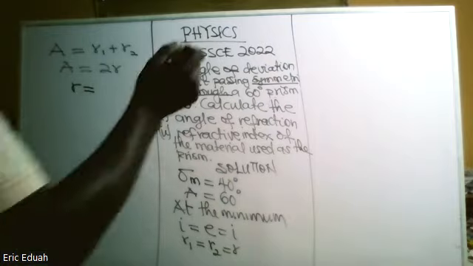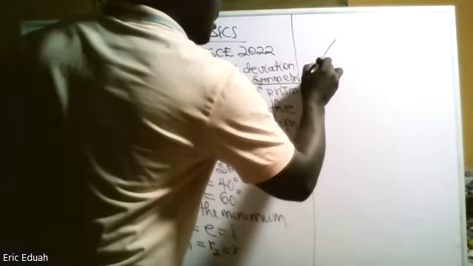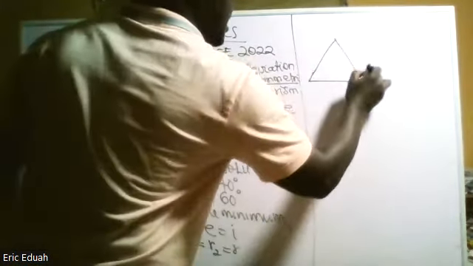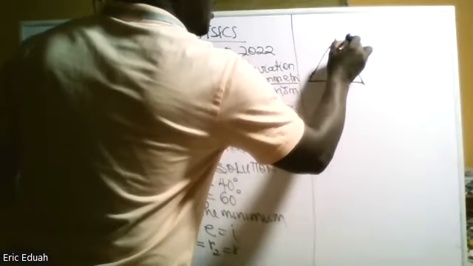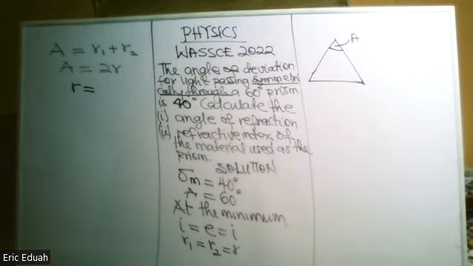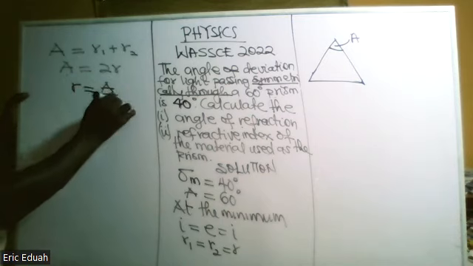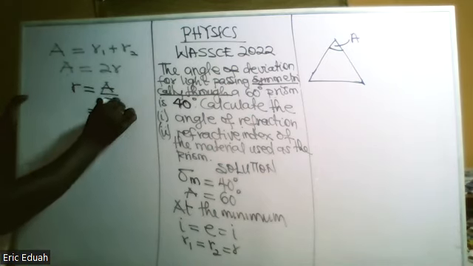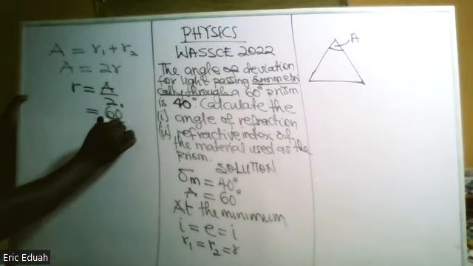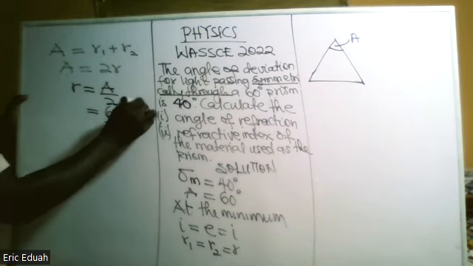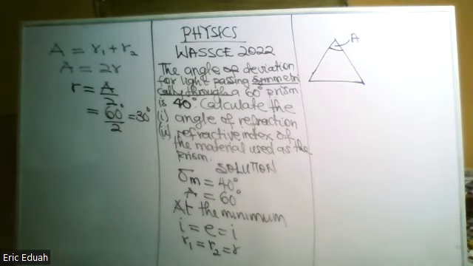So if I draw this as a triangular prism, this is A, the angle of the prism. So R will be equal to A over 2, which will be equal to 60 degrees divided by 2, 30. So that's the answer for I.